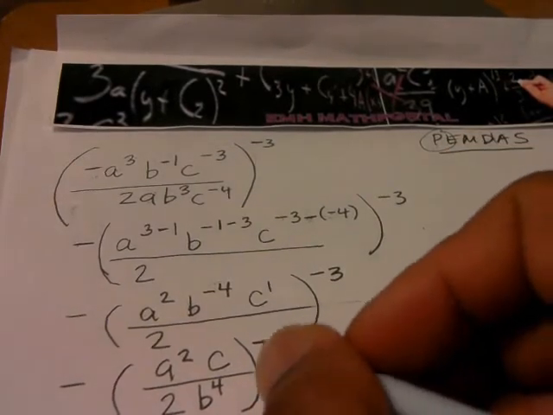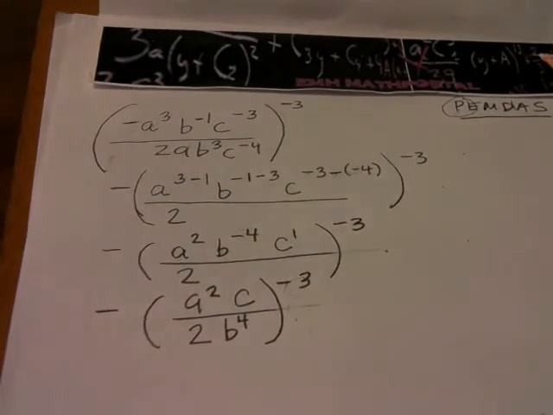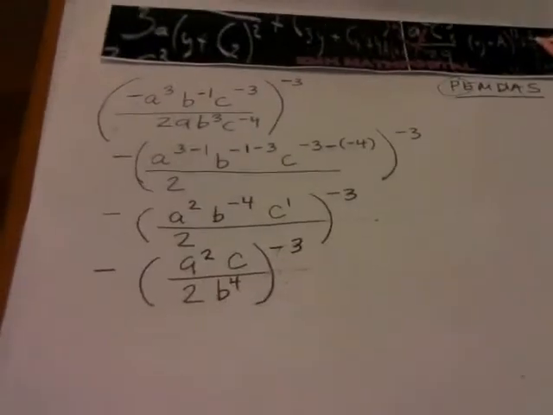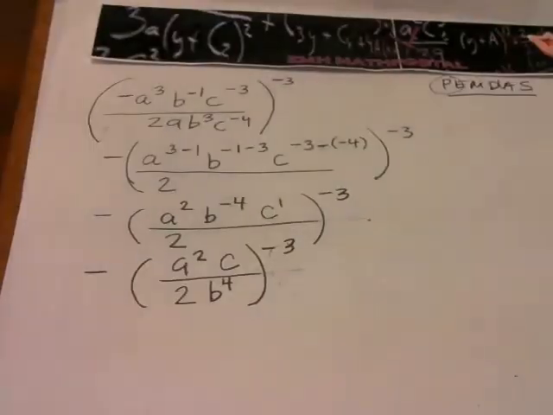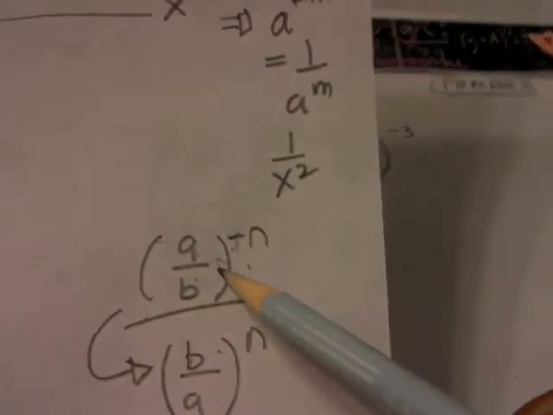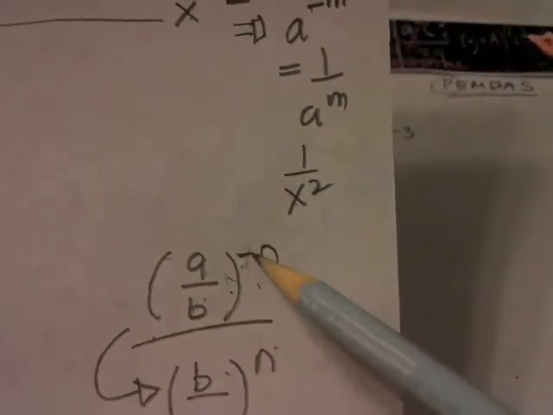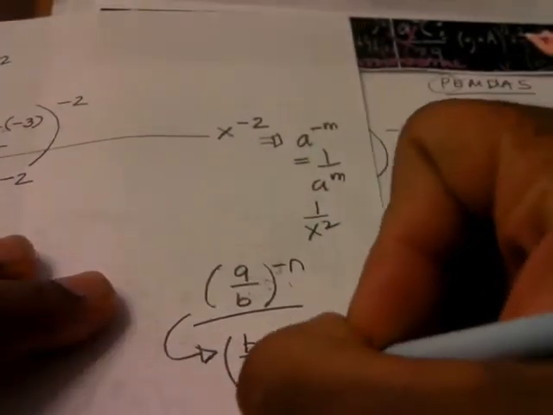Since we have a negative cube outside of the parentheses, a raised power, we're going to apply the reciprocal, which is the quotient rule for negative quotients. You remember, it's based upon what I was saying. Any quotient that has a raised negative power, we find the reciprocal.